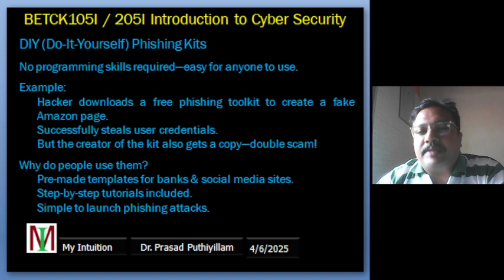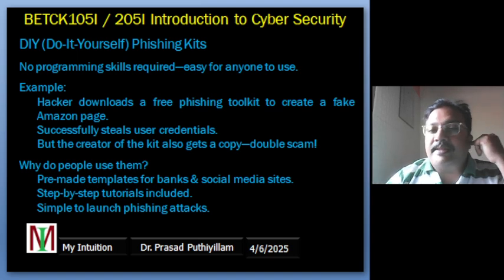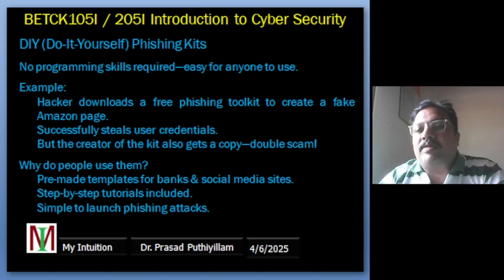For example, the hacker downloads a free phishing toolkit to create a fake Amazon login page, and they successfully steal the username and password details from the victims. However, the creator, the one who created the toolkit, is also getting a copy of that. So he is scamming both the hacker as well as the user, the one who is using it.